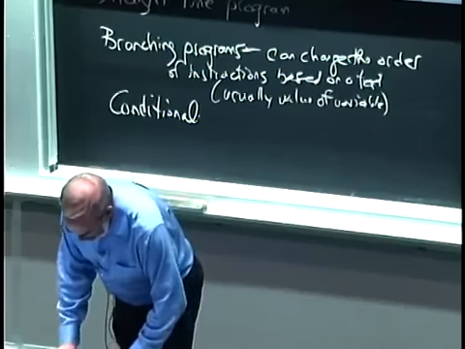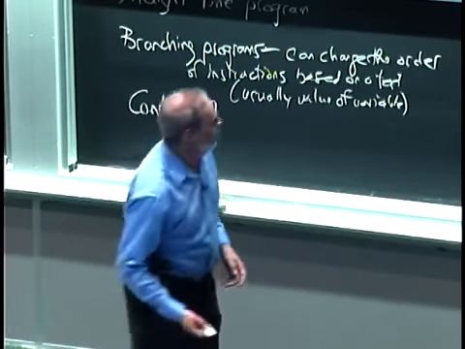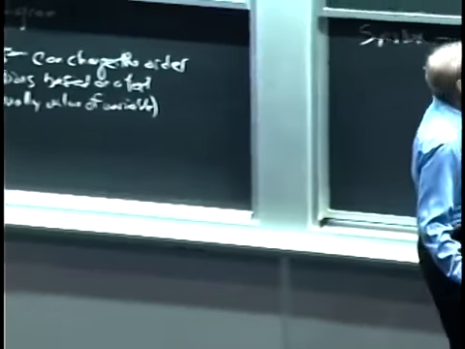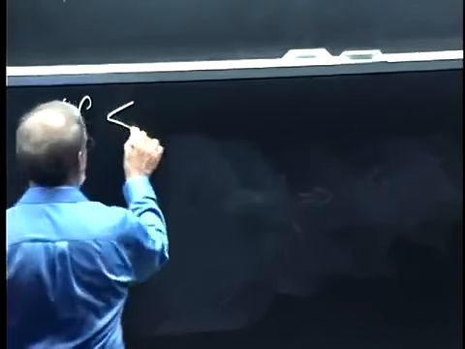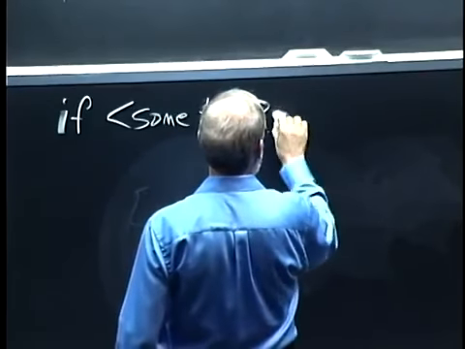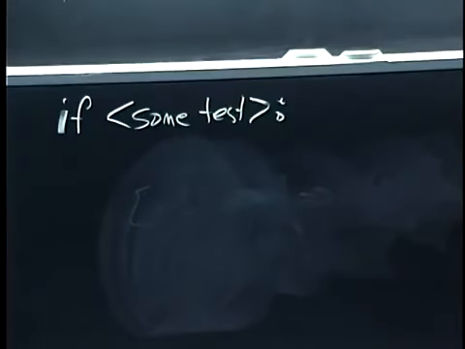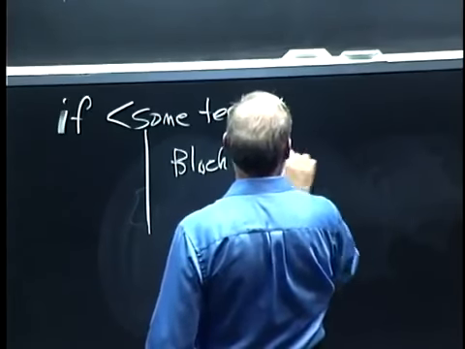Okay. Now, having done that, again, I want to stress this idea, and I'm going to write it out one more time, that there's a particular format here. So we have if, and that is followed by, I'm going to use angle braces here just to indicate something goes in here, some test followed by a colon. That is followed by a block of instructions.